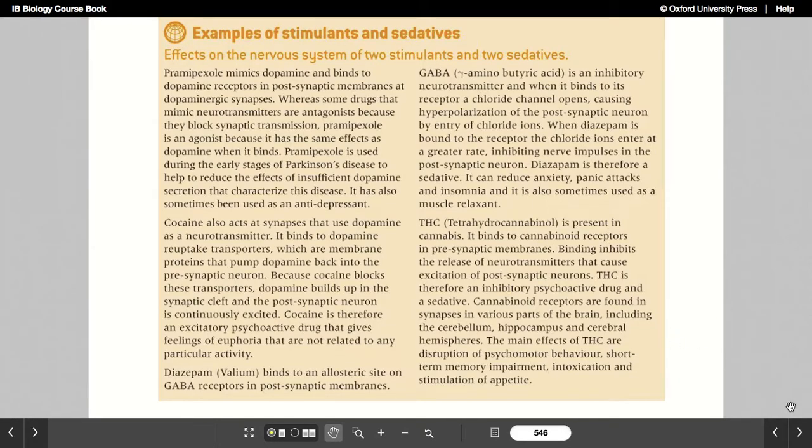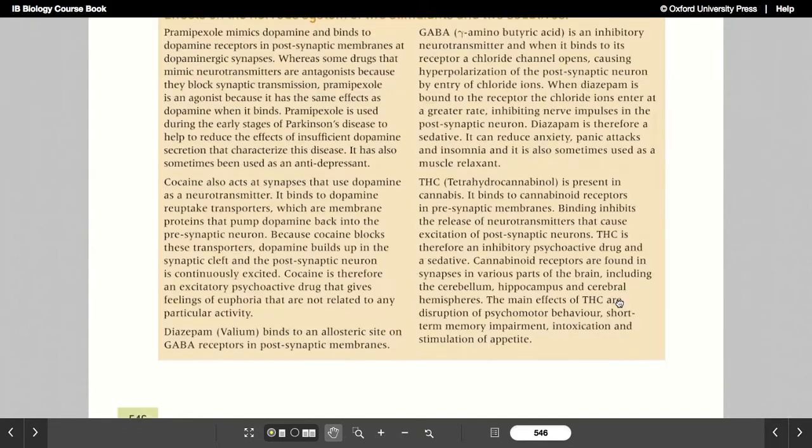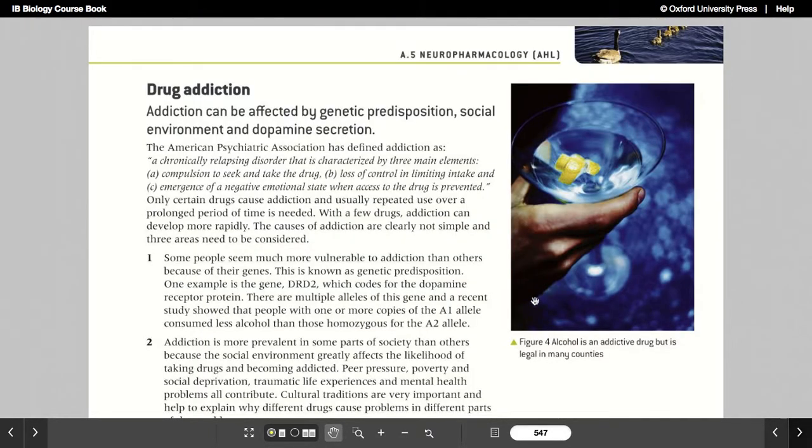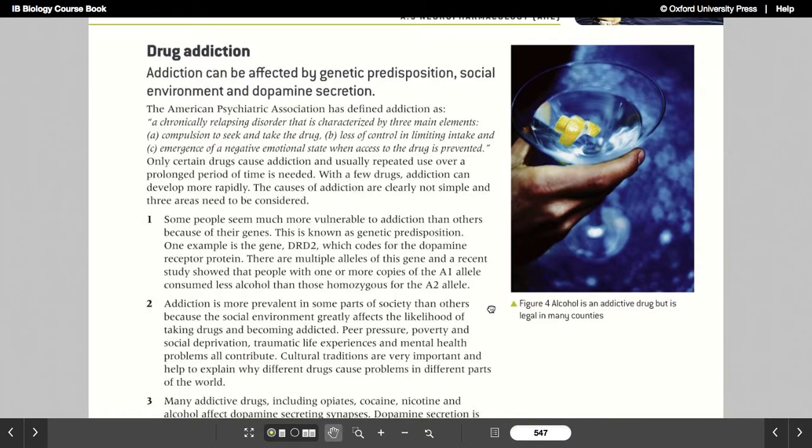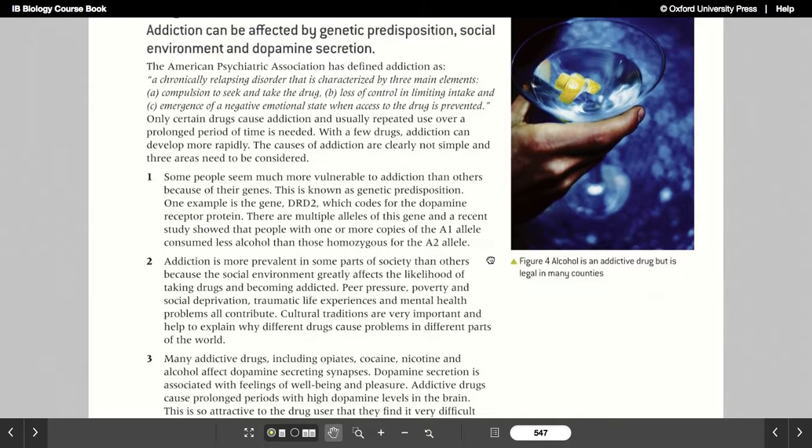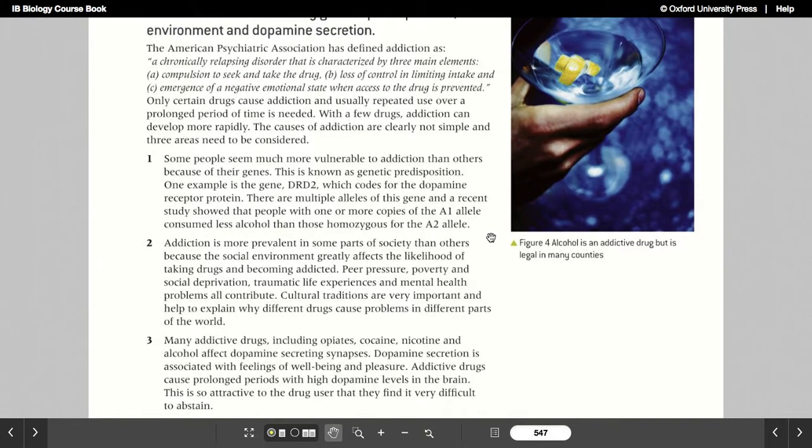Okay, so moving on. Next, drug addiction. We know that it has some sort of genetic component, and it also has environmental components. Many drugs are going to deal with dopamine synapses, because dopamine is the neurotransmitter associated with pleasure and reward.